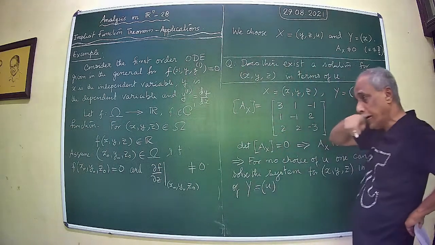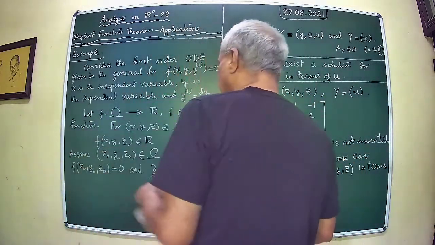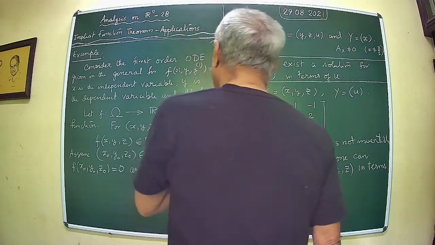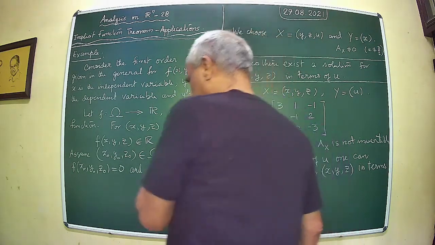So in omega we are assuming that x naught, y naught, z naught is a point such that f of x naught, y naught, z naught equal to 0 and df by dz at x naught, y naught, z naught is not equal to 0. Okay.